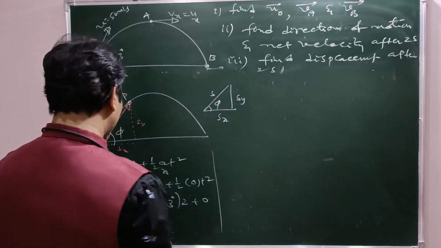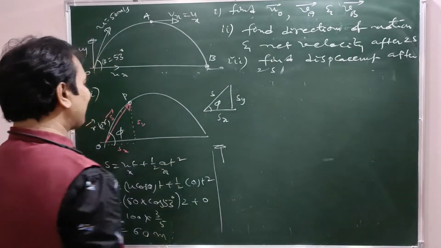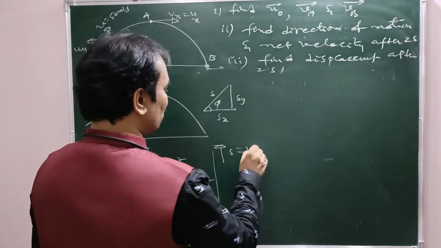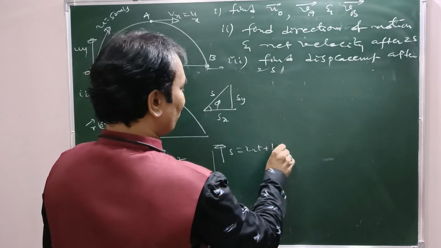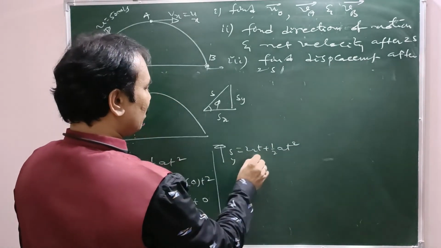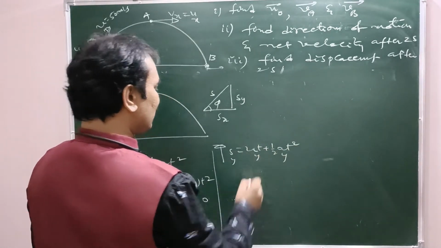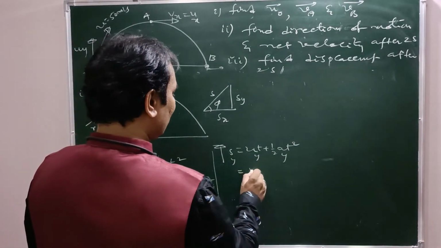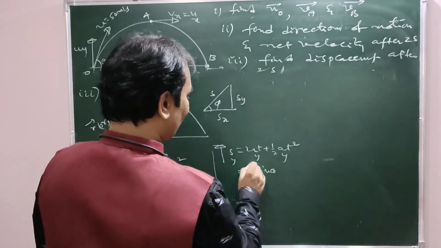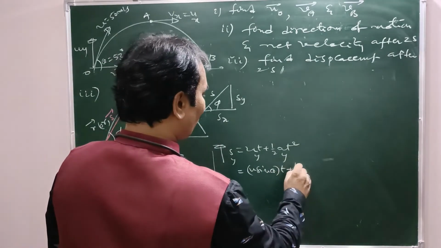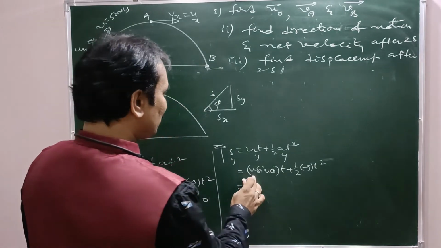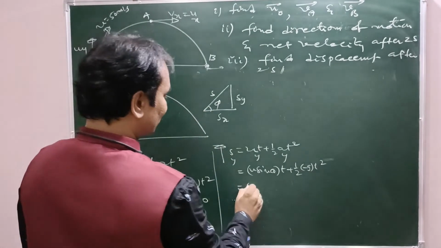Similarly, vertical displacement Sy. Take y like that. Sy equal to uy t plus half ay t square. That is Sy equal to u sin theta into t plus half into ay, which is minus g, into t square. u means 50 meters per second.